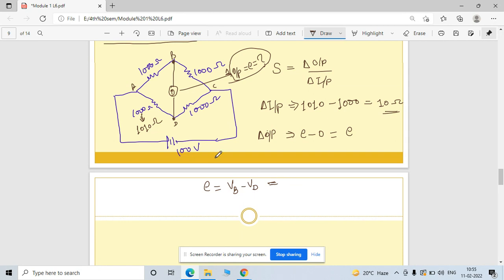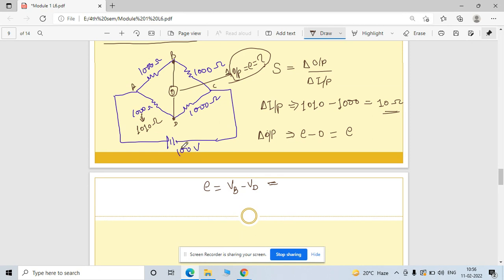For finding the VB, there are a number of methods. You can use that method, or you can use that method. Or I can directly apply the voltage division rule here, because this circuit is connected in parallel with this 100 volt supply.